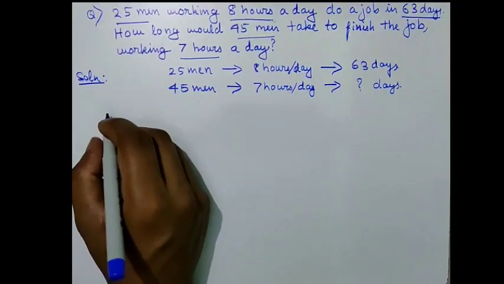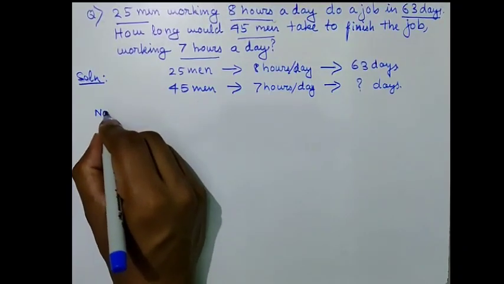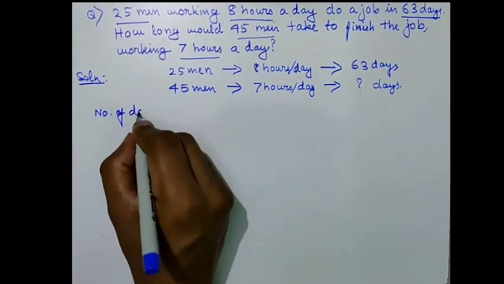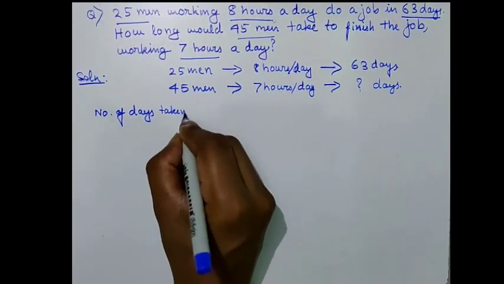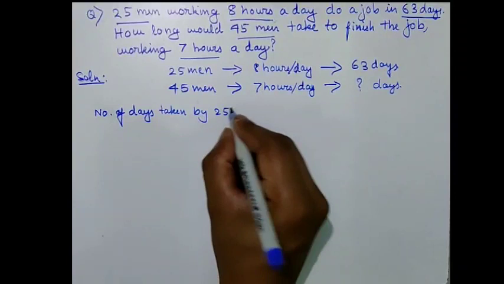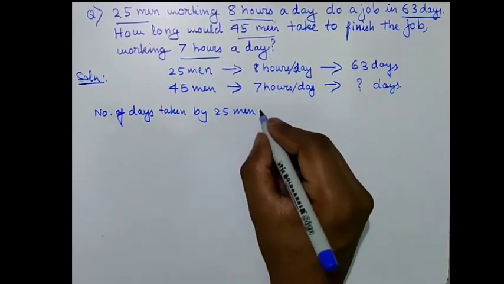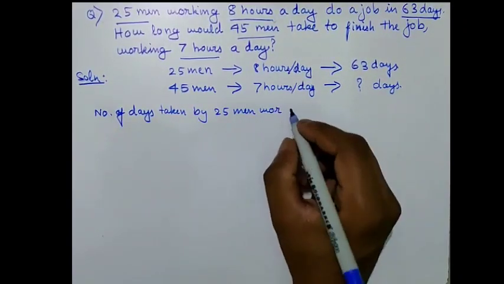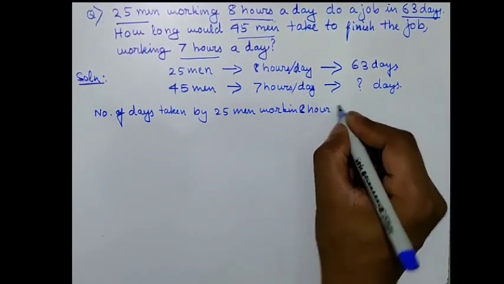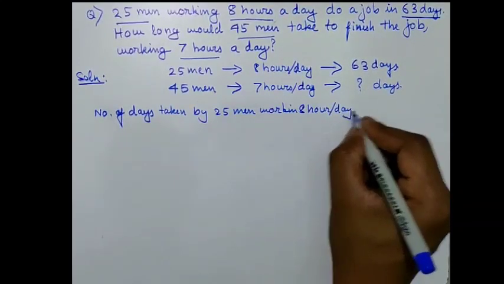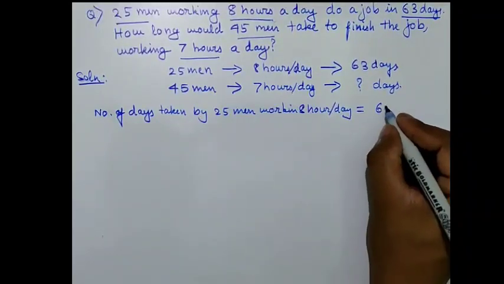So number of days taken by 25 men working 8 hours per day will be equal to 63 days.